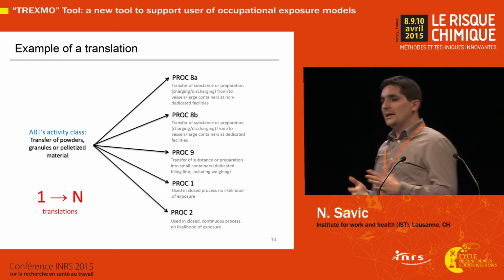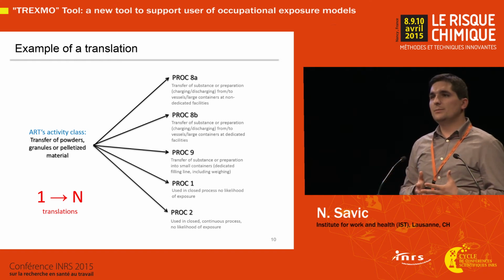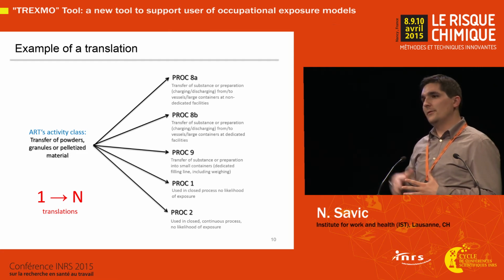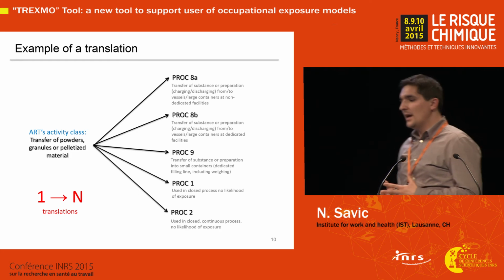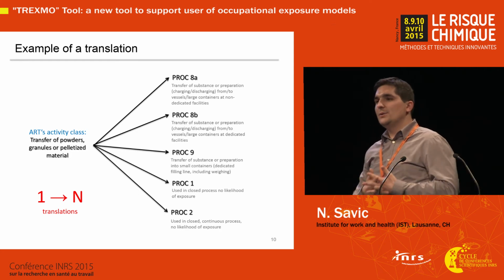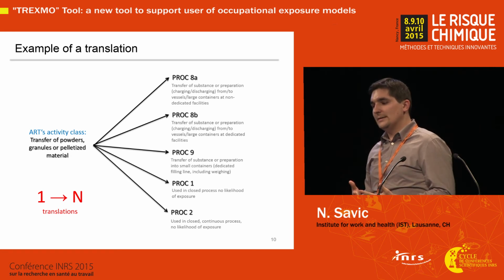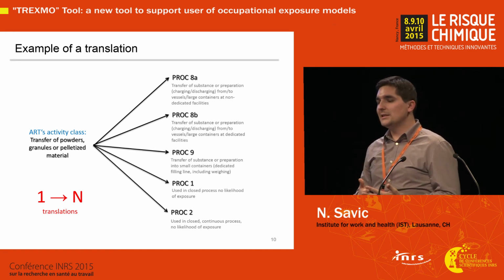Of course, this was an ideal case, where we have one exposure input and one analog exposure input suggested for use in another model. But in most cases, we didn't succeed in defining something this good.